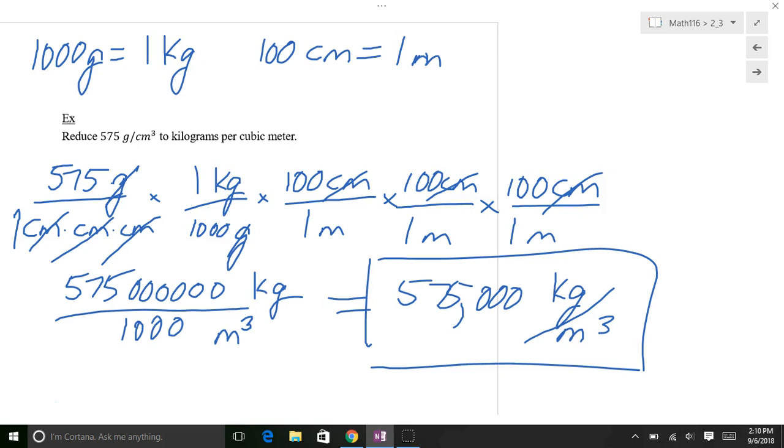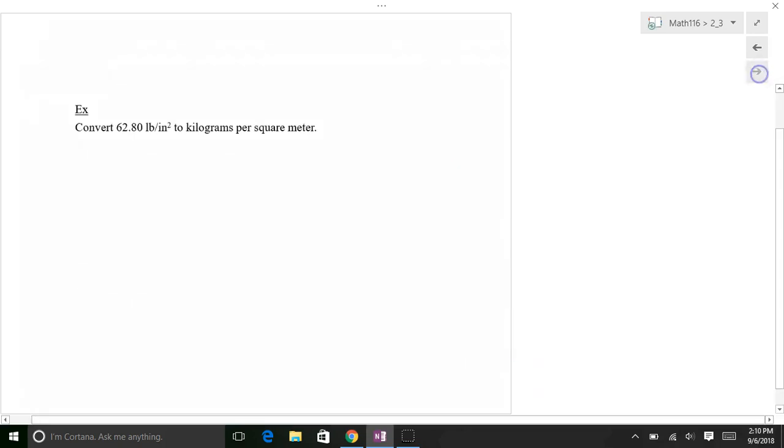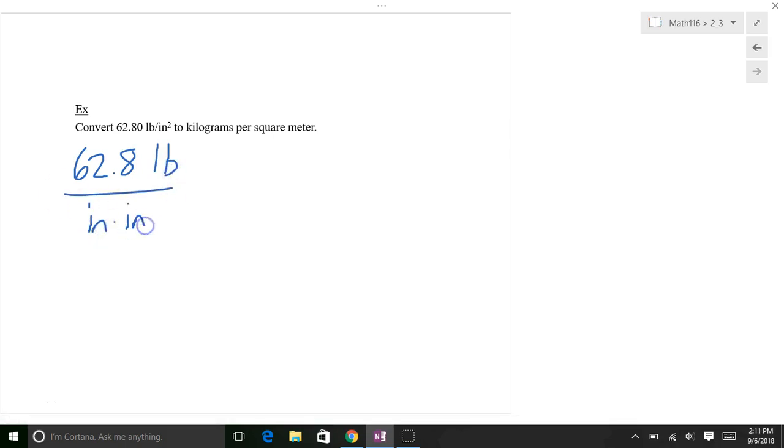All right. So one more here. Let's take a look at pounds per square inch. So we have 62.8 pounds per square inch, so inch times inch.